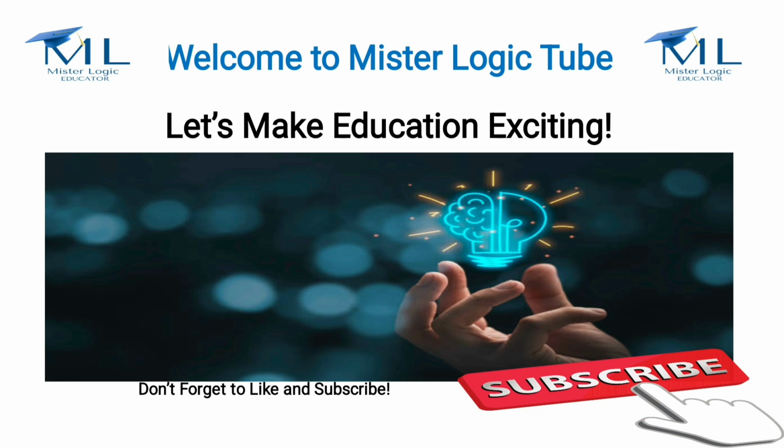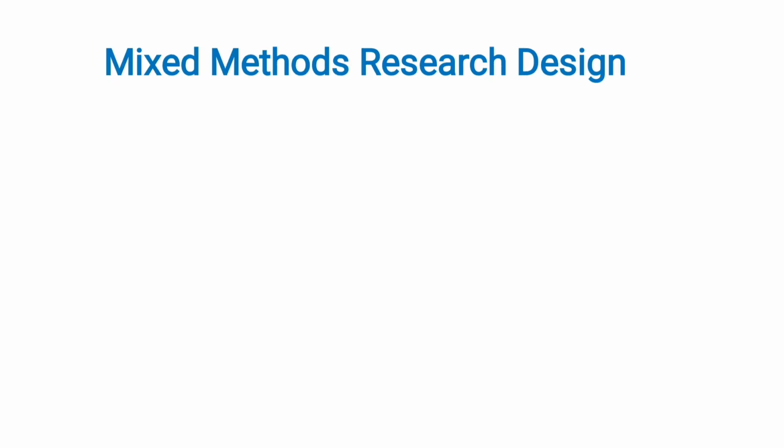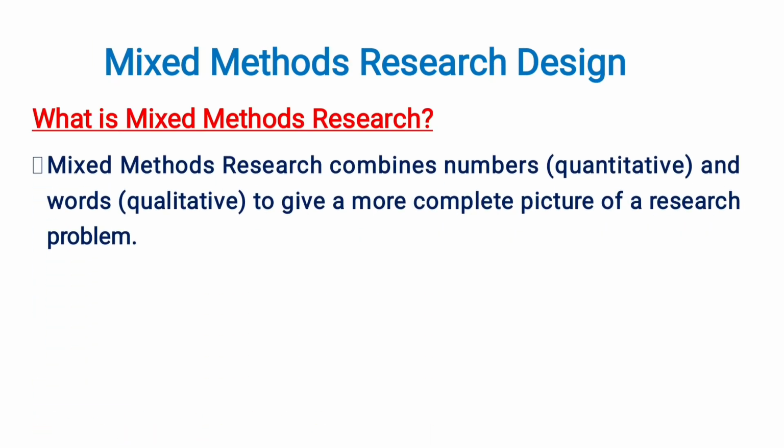Let's get started. So what is mixed method research design, guys? Mixed method research design combines numbers, which is quantitative, and words, which are qualitative, to give a more complete picture of a research problem. Just think of it like investigating why a restaurant is losing its customers.